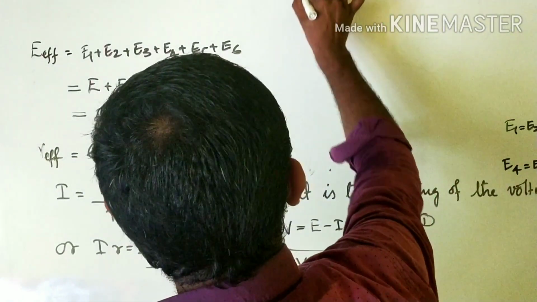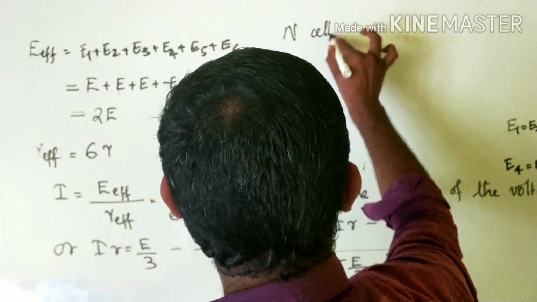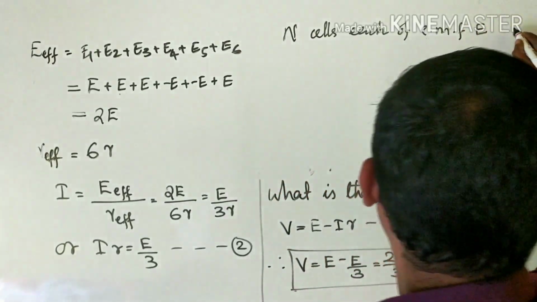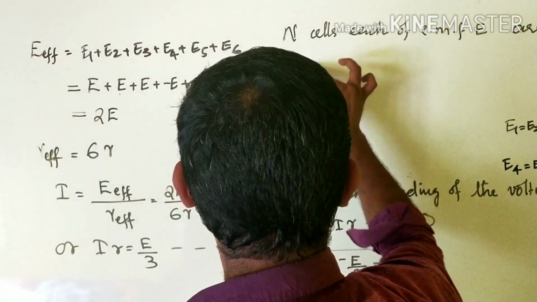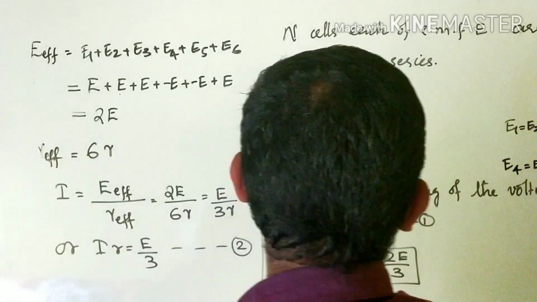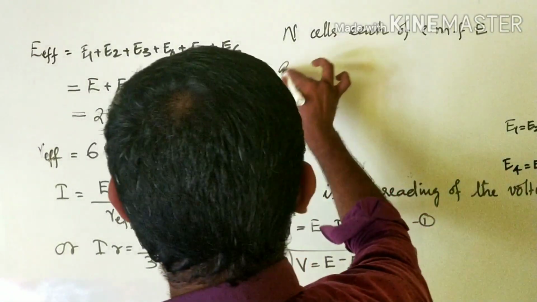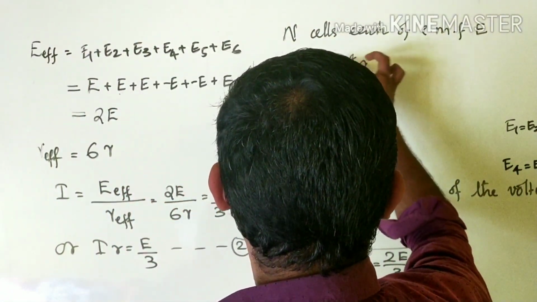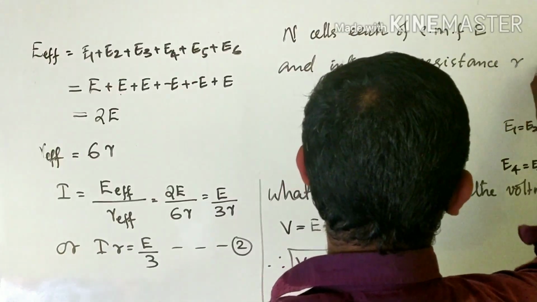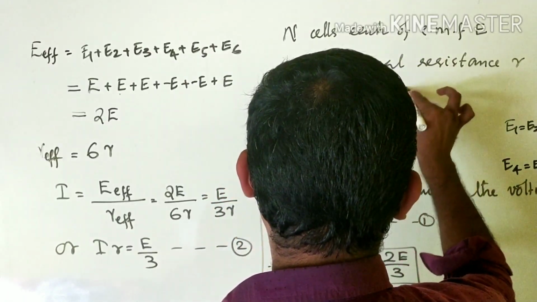N cells each of EMF E and internal resistance r are connected in series.